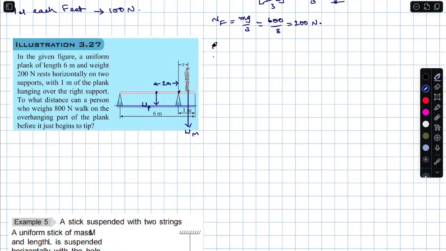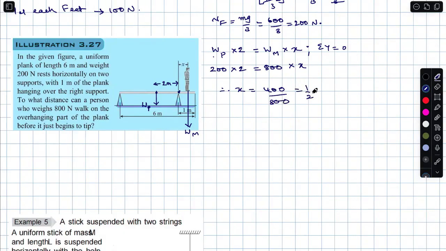Now, therefore, W plank times 2 meter is equal to W man times X for net torque to be 0. Any doubt on this? What is the weight of the plank? 200 into 2, equal to 800 Newton into X. Therefore, X is 400 by 800.